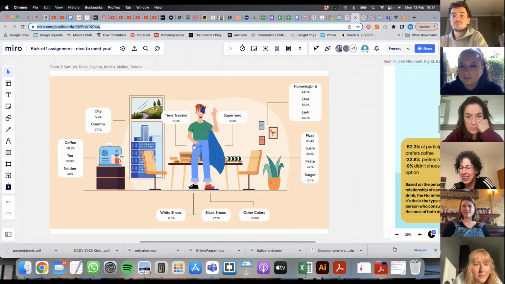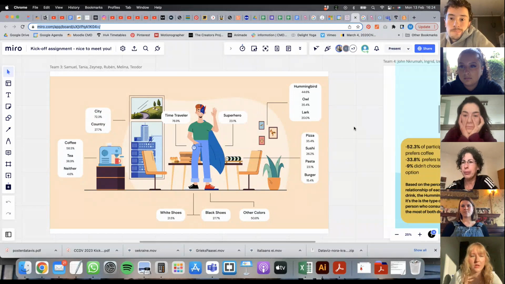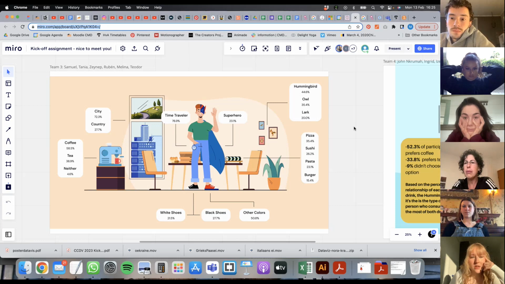Yeah, that was the group I was in, Helena. We sent some sketches throughout the week of what everyone found the most interesting from the data we gathered. And Theodor did the final visualization in, I think, Illustrator. You can see the time traveler and the superhero.